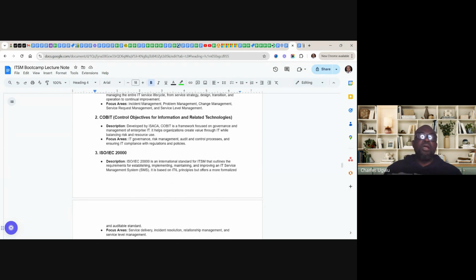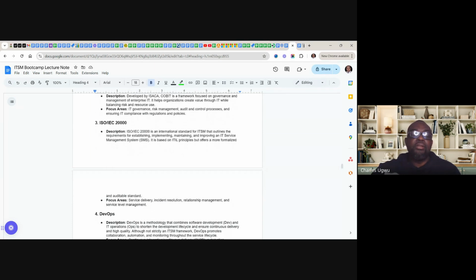Then ISO/IEC 20000. This is an international standard for ITSM that outlines the requirements for establishing, implementing, maintaining, and improving an IT service management system. It's based on the ITIL framework, but offers a more formalized and auditable standard.